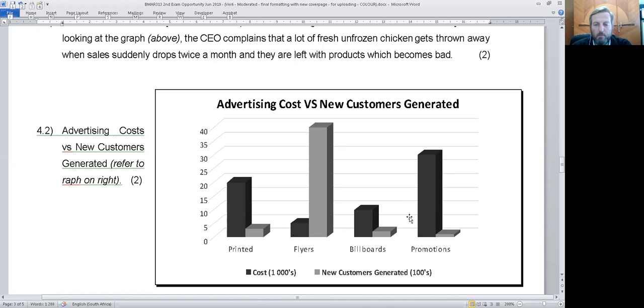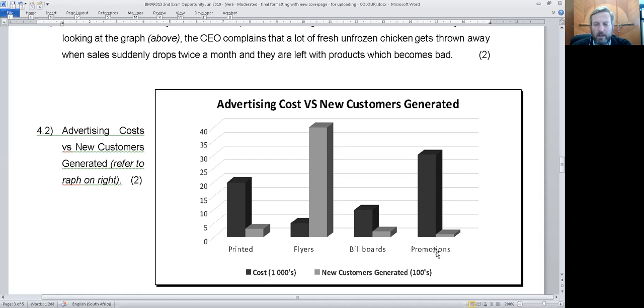In the cost comparison, promotions is the worst, followed by printed. You take the one as a function of the other, how many times that little sliver can go into the entire column. That's how you compare apples with apples.